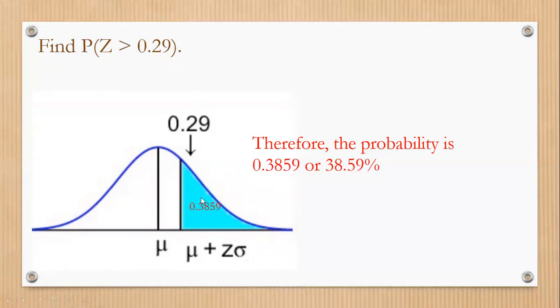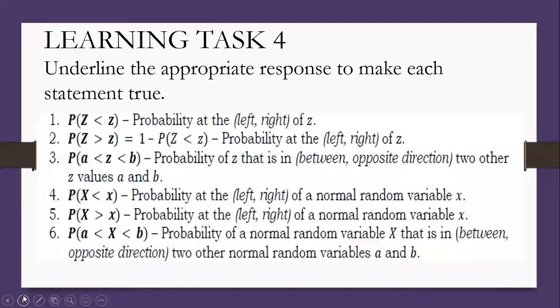Because this area corresponds to the area which is greater than 0.29. So the unshaded region corresponds to the area of z which is less than. That's why we don't have to subtract this. Wait lang. Actually, what we had last with this example, but this is already the answer, we tried to subtract that from 1.